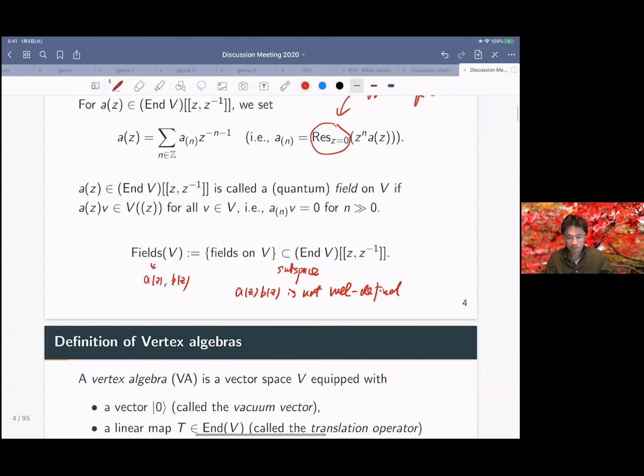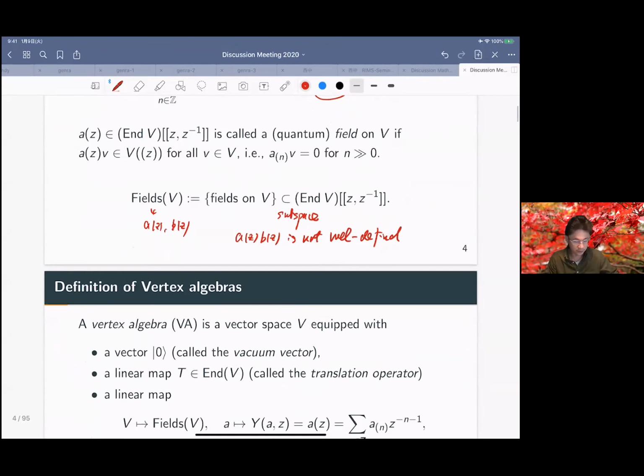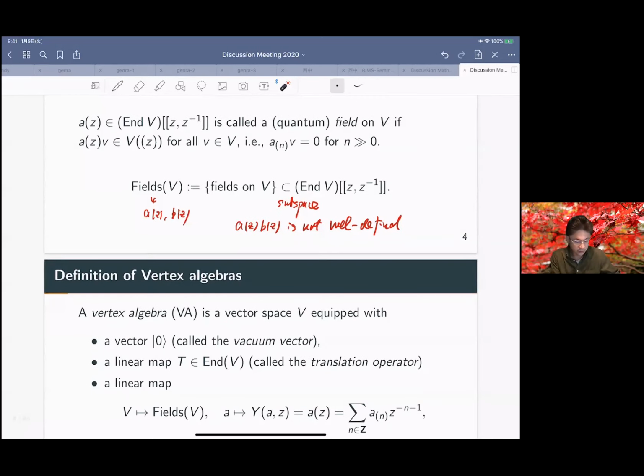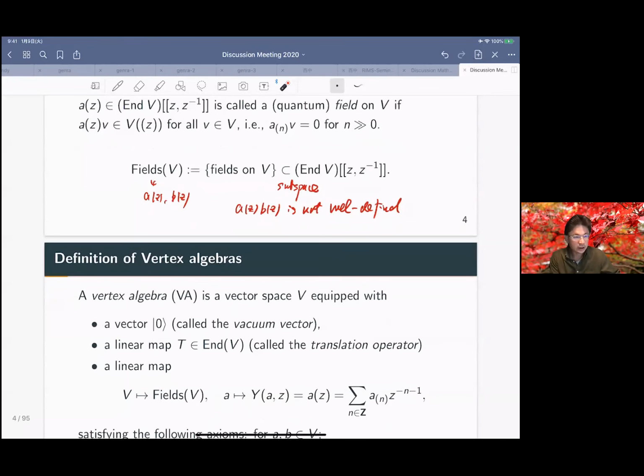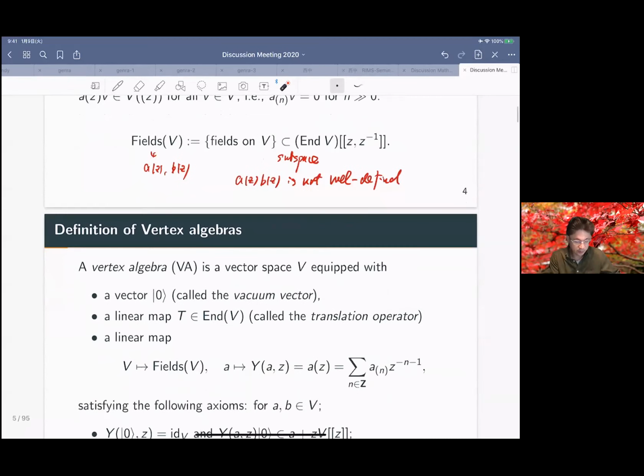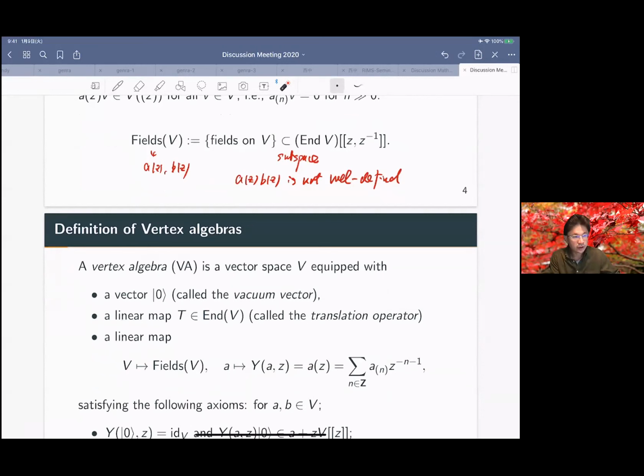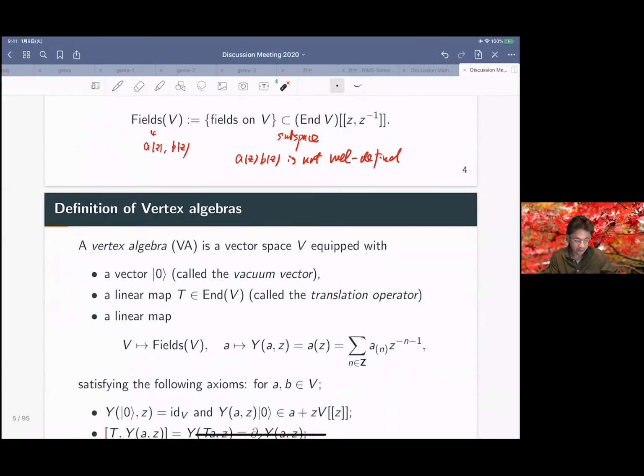Okay, so now I can define vertex algebras. A vertex algebra is a vector space V equipped with this data. We have a special vector in V, which is called the vacuum vector, a linear map T, which is called the translation operator, and a linear map from V to the space of fields of V, which I sometimes denote by Y(a,z) or a(z), satisfying these axioms.